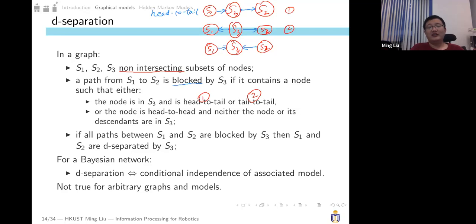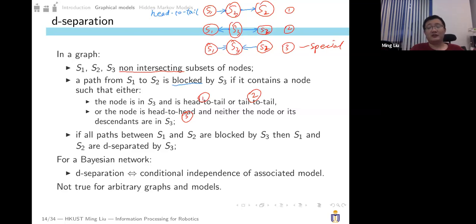Secondly, if the node is head-to-head, that means the third case. This case is special, because we define this blocking condition in a contradictory way. If the node is head-to-head, then neither the node nor its descendants are in S3.